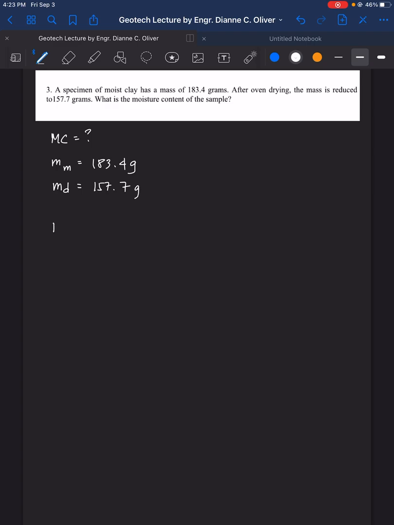Then, let's solve for the moisture content. Moisture content is mass of water over the mass of the solids or the mass of dry.